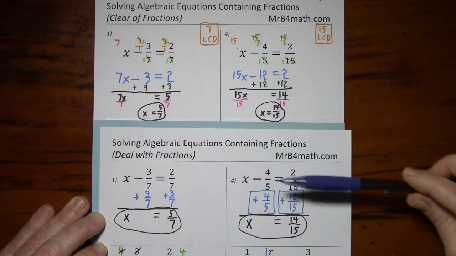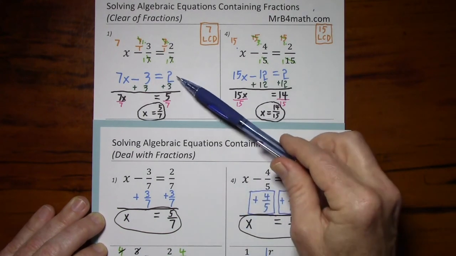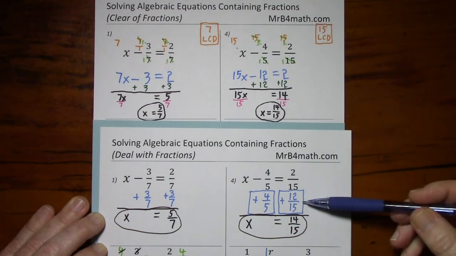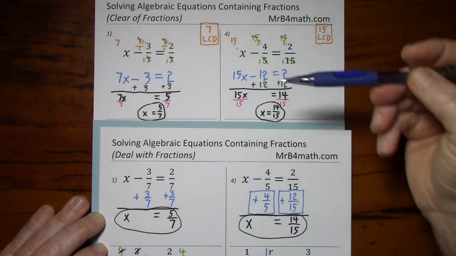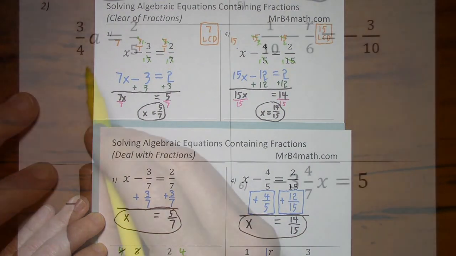And dealing with fractions, we got 14/15. I think for number 1, you would probably say it was easier to just deal with the fraction. And here this one may look simpler, but we did have to get common denominators. So you need to learn each method and just decide which one's easier to use in any given situation.